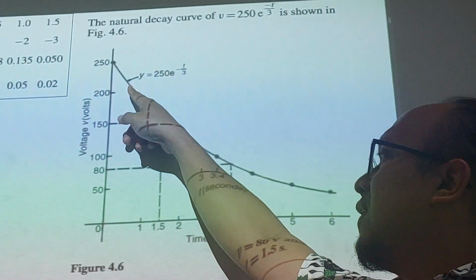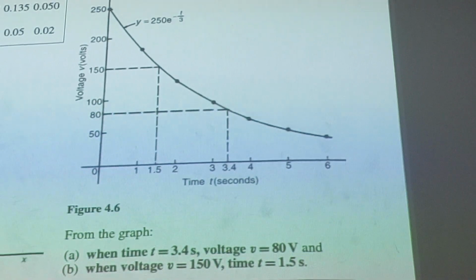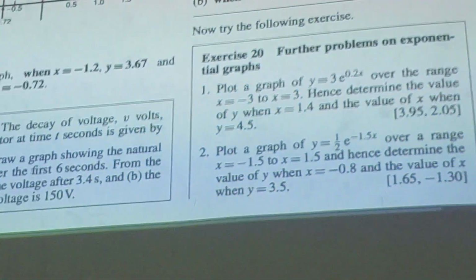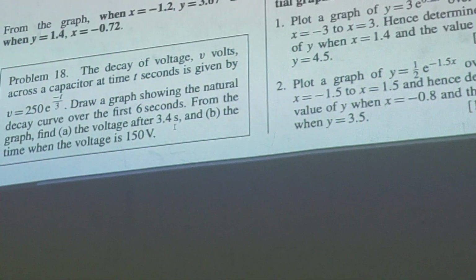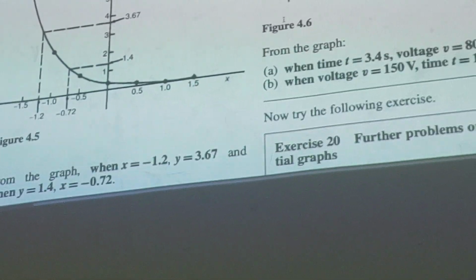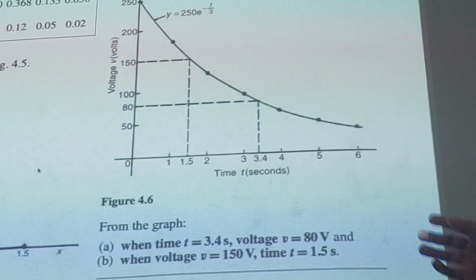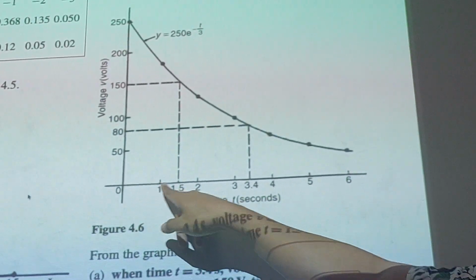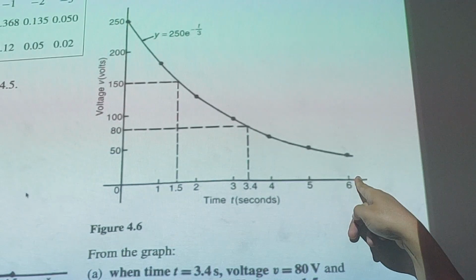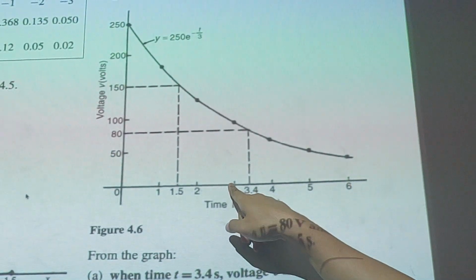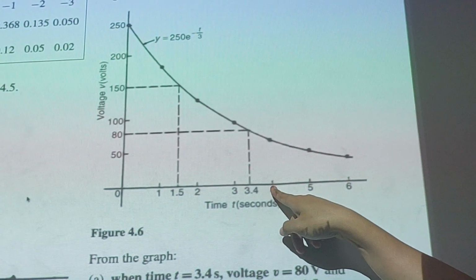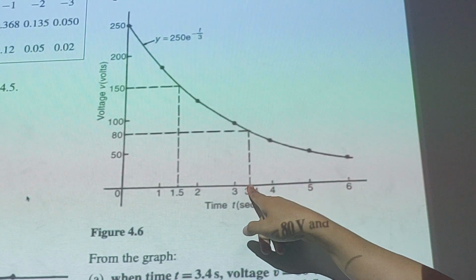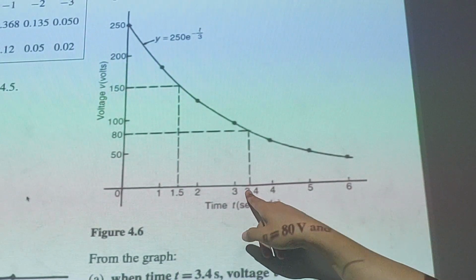For question A, the voltage after 3.4 seconds: because the increments are 1, 2, 3, 4, 5, 6, 3.4 will lie between 3 and 4. So maybe this is the place for 3.4.